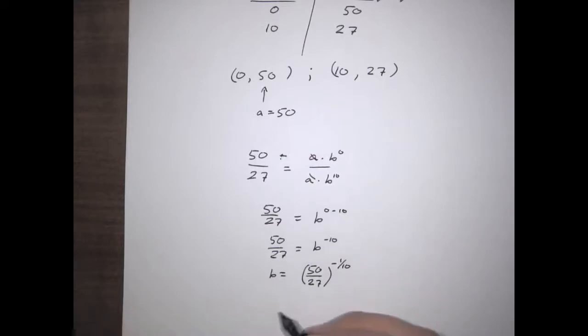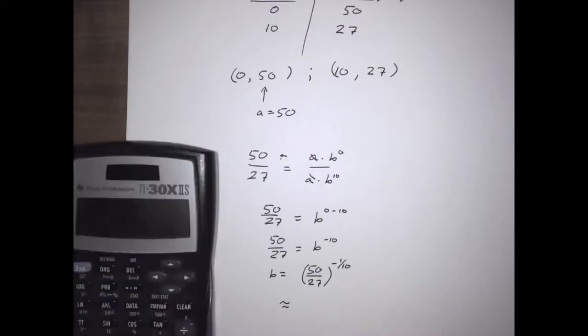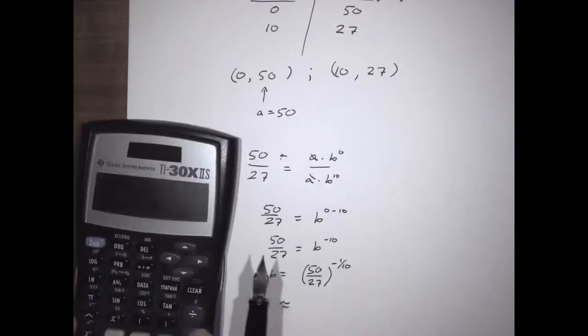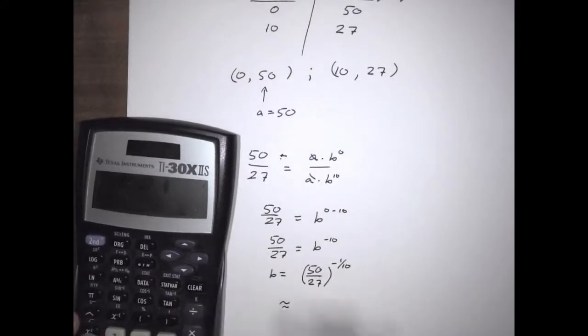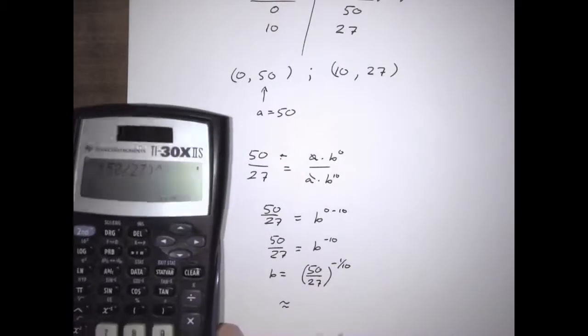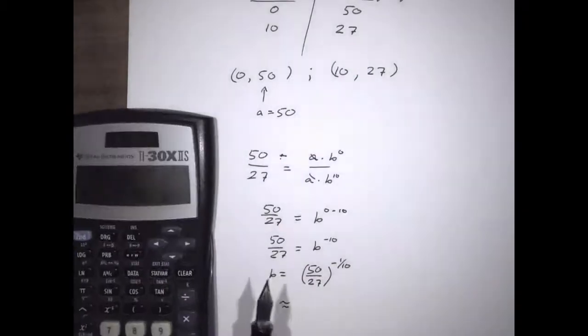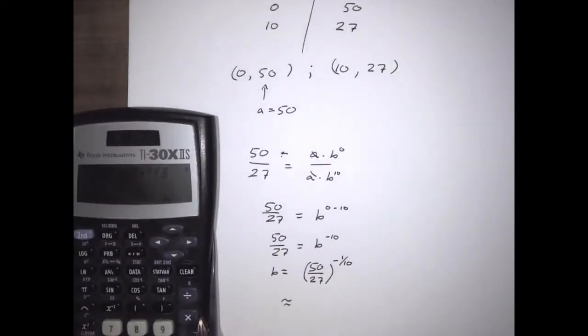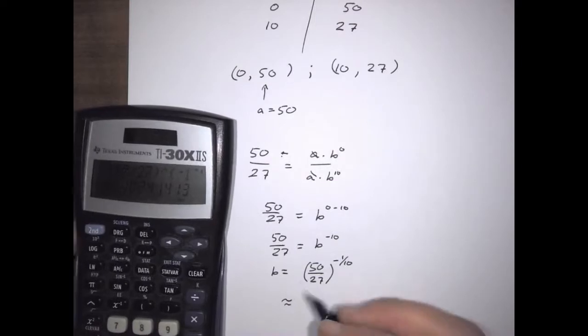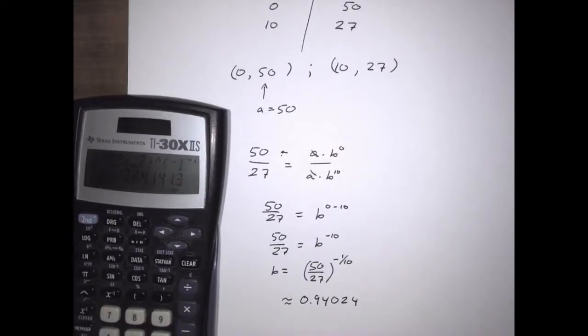And so, if we actually calculate this, remember our parentheses, 50 divided by 27 to the power of negative 1/10. Remember parentheses. And that gives us 0.94024. Just put a bunch of decimal places on there.